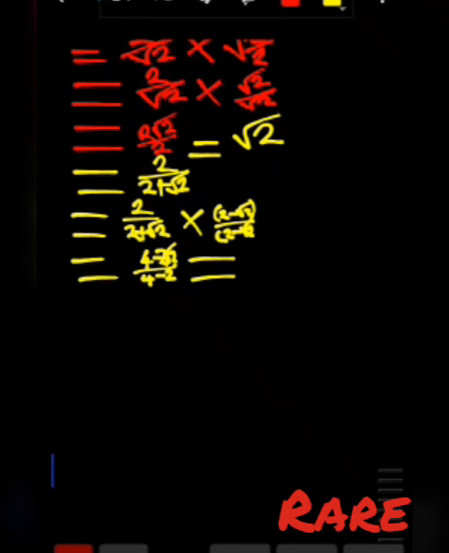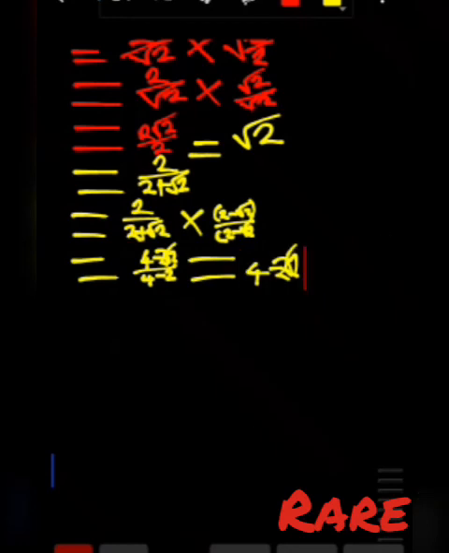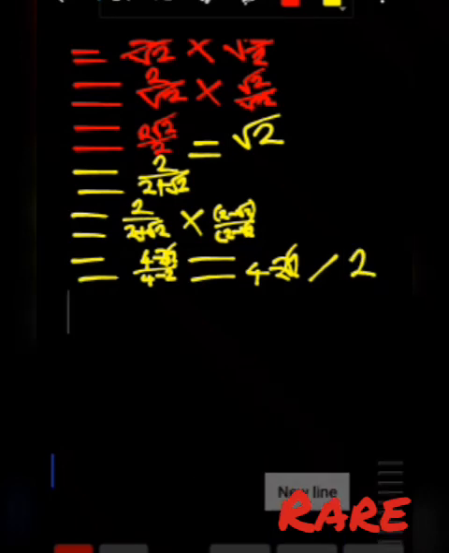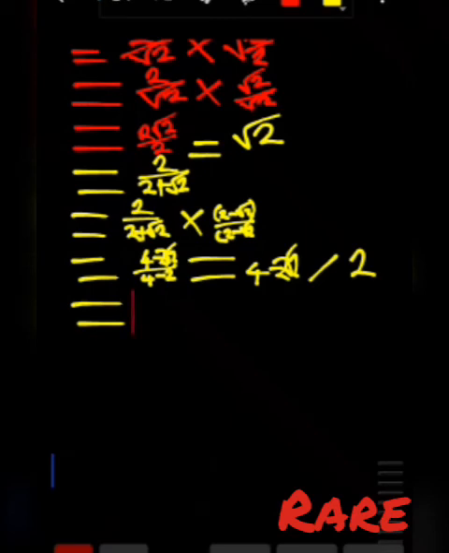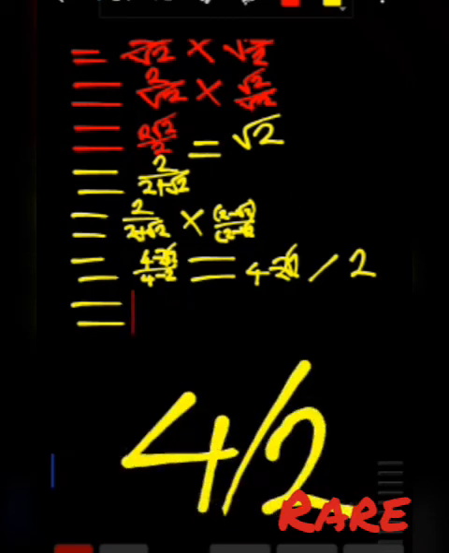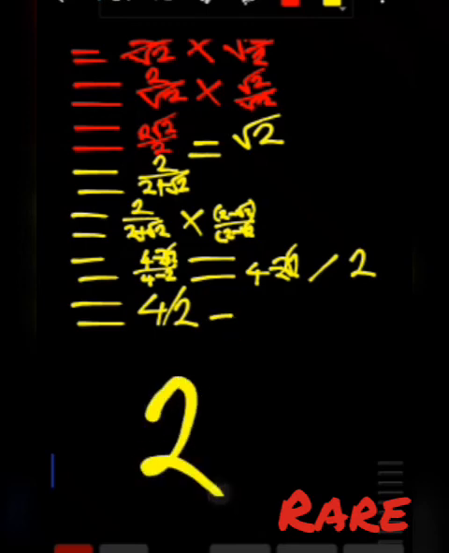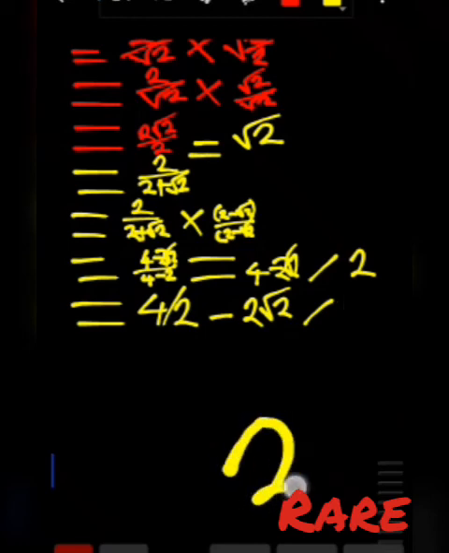So on top there, when you work out, you're going to remain with 4 minus 2 root 2 over 2, like this. You can split 4 over 2 minus 2 root 2 over 2.